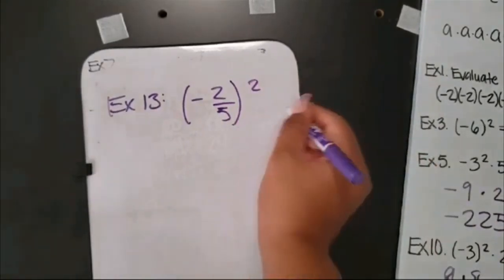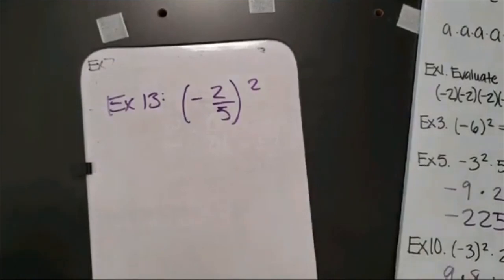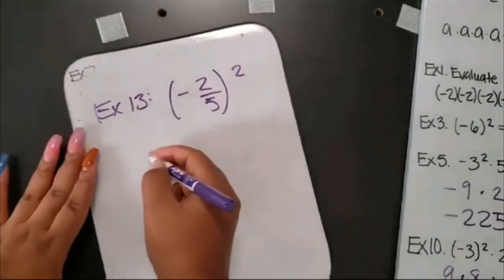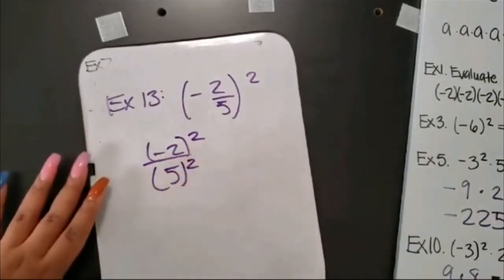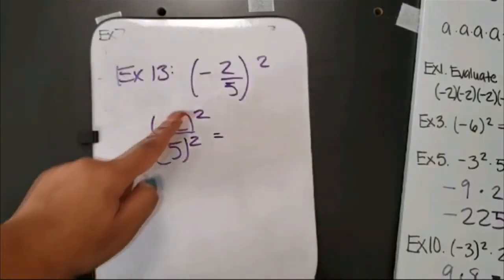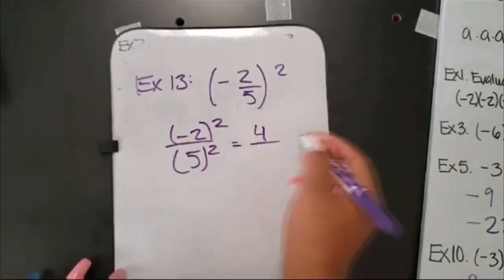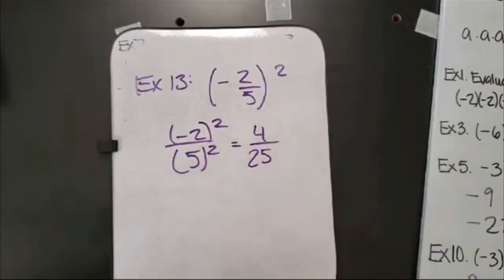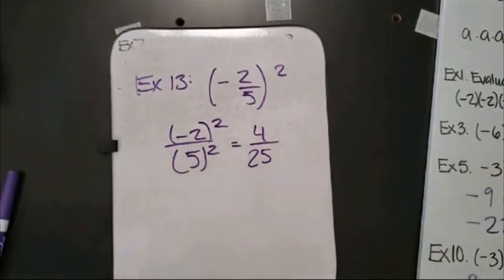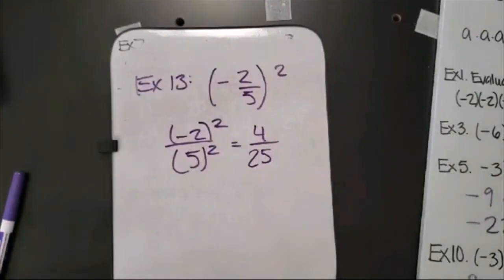Okay, so if we want to get this done quick and fast, I'm going to take that -2, square it, take that 5, square it. -2 times -2 is +4. 5 times 5 is 25. And boom, that's my answer for number 13. All right. So thinking about it this way may be easier. Of course, you can do all of the steps and write it out that way if that's absolutely what you need to do.